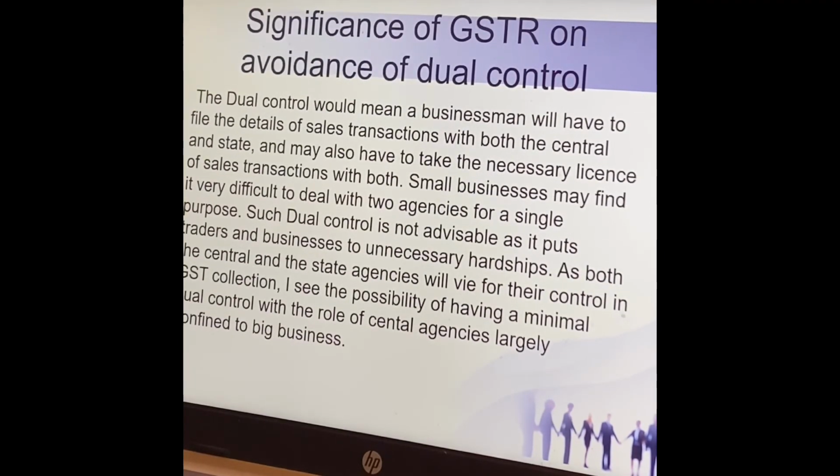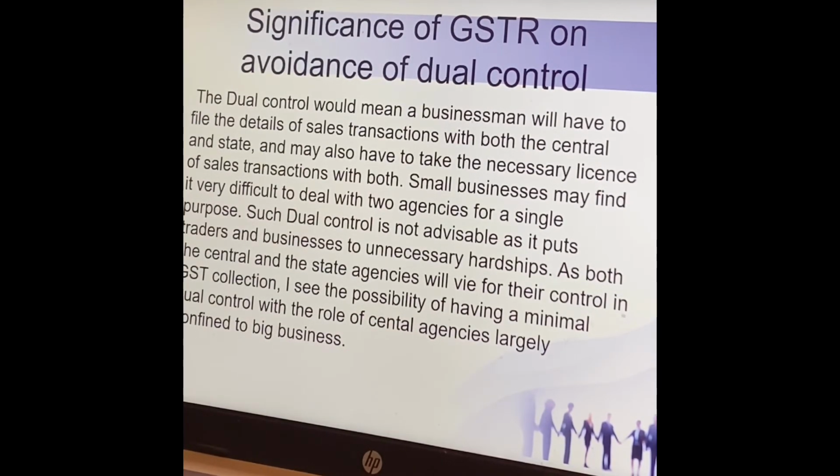Significance of GST on avoidance of dual control. So GST is the tax we pay when we purchase something. This is my point of view on GST and avoidance of dual control, which I have written here. Dual control would mean a businessman will have to file the details of sales transactions with both central and state, and may also have to take the necessary license for sales transactions with both.